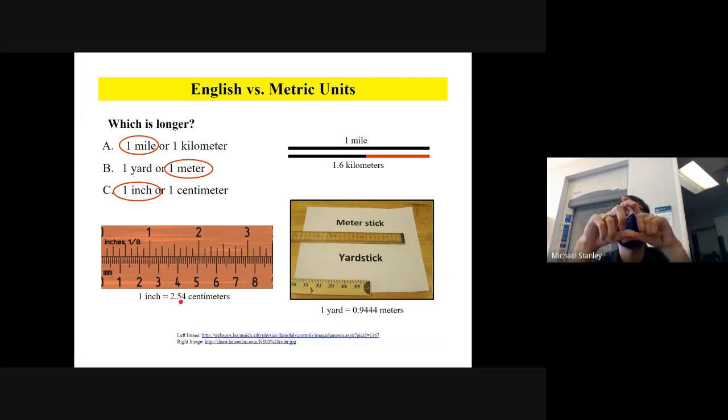So if you ever look at a ruler in your house or somewhere, and one side is inches and one side is centimeters, it looks something like this, and the smaller side is the centimeter side. So about 2.5 centimeters in an inch. And then there's about 1.5 kilometers in a mile. So a mile is in between 1 and 2 kilometers.